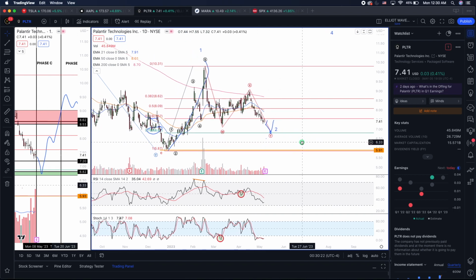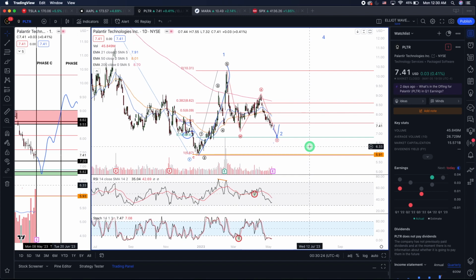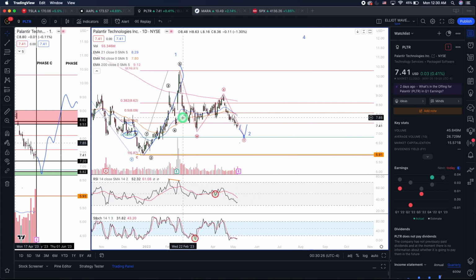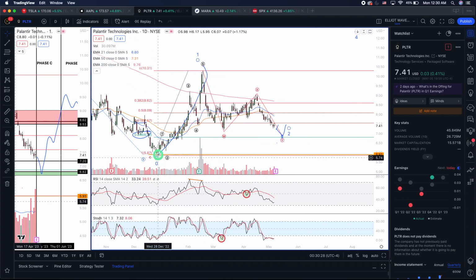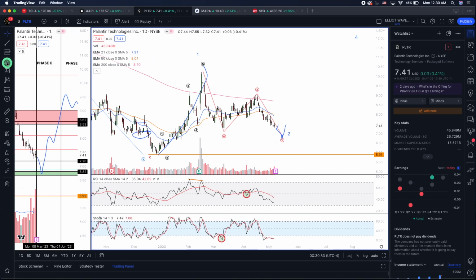All right, guys. Now, in terms of the wave count itself, I had this labeled over here, as you guys can see, as an impulsive move, basically a 1, 2, 3, 4, 5.